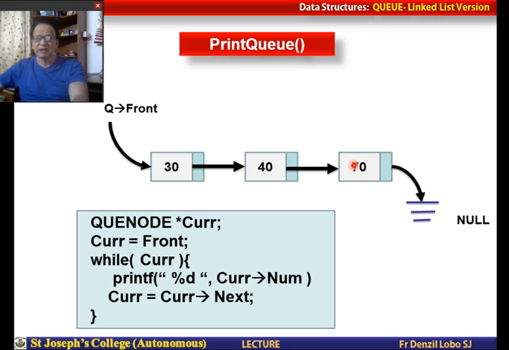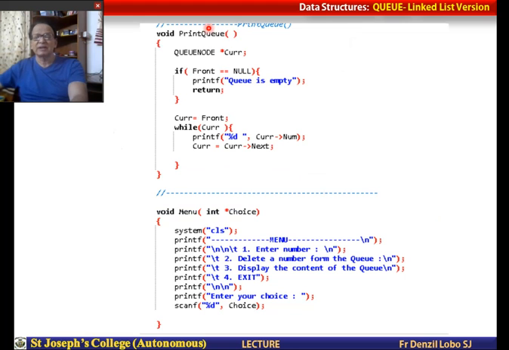Then this becomes current, print this number. When current becomes current next, it comes out of the loop by the time you have printed the content of the queue. So that is given here again. If the front is null, you will say it is empty. Otherwise, you go on printing the values of each of the nodes. So this is the menu function which you are very familiar with. I don't have to explain.